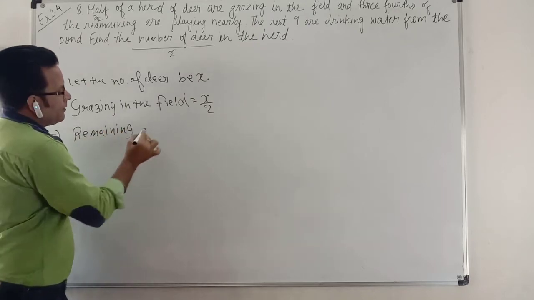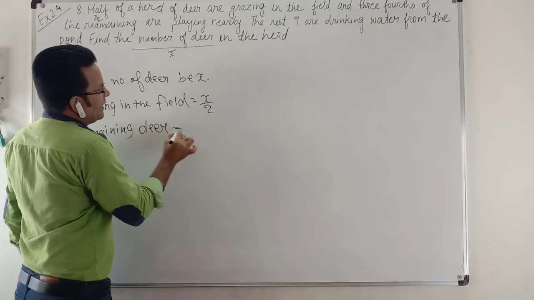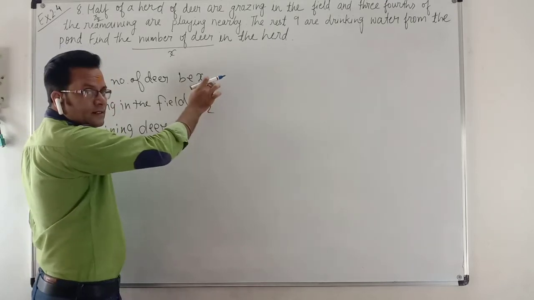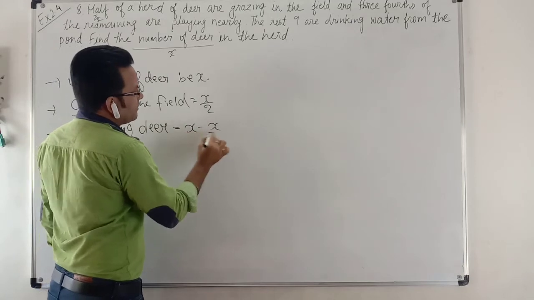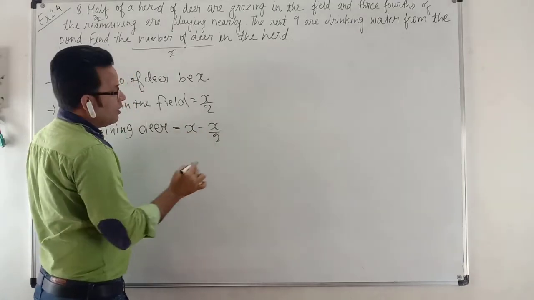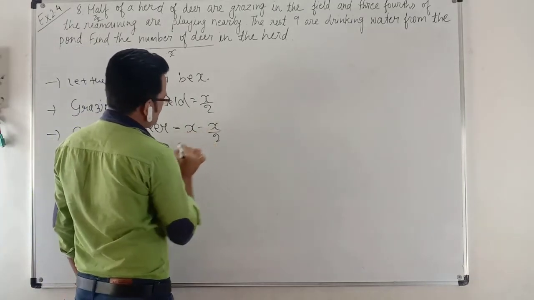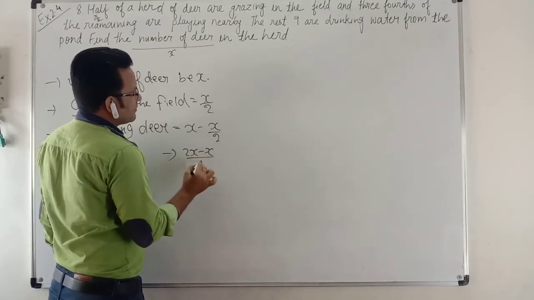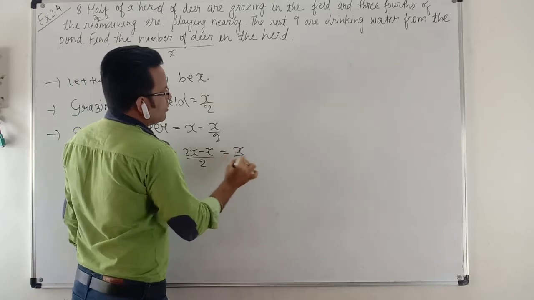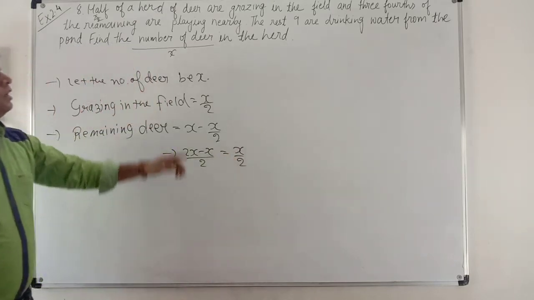Remaining deer is equal to total x minus grazing x by 2. Okay, so take LCM: 2x minus x by 2 is equal to x by 2.